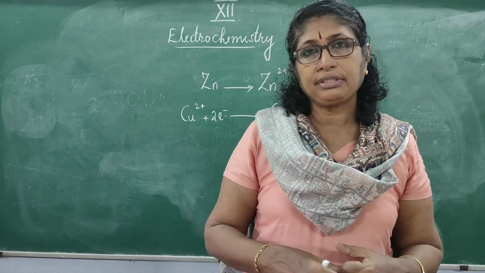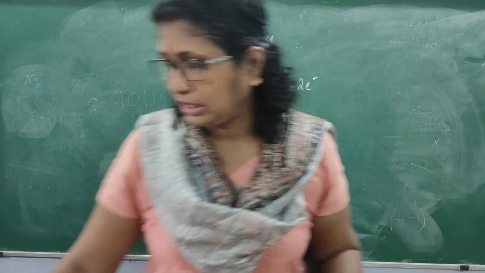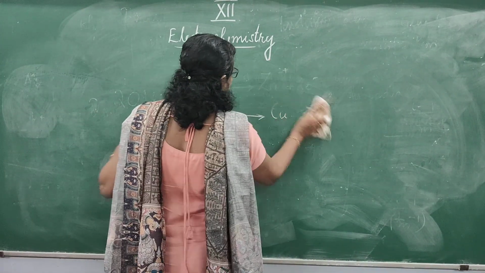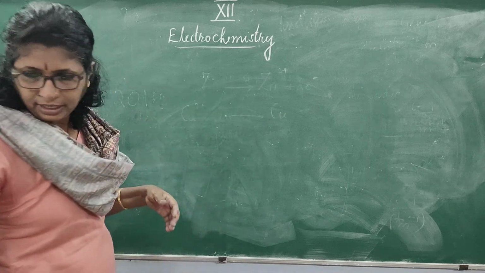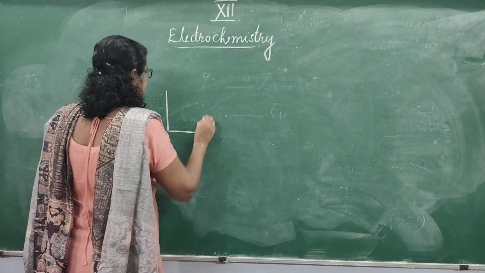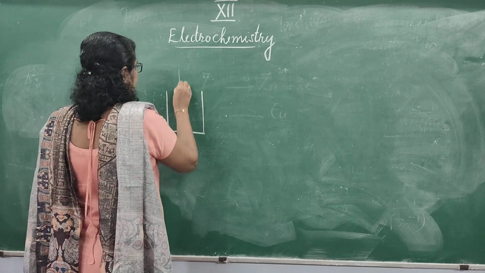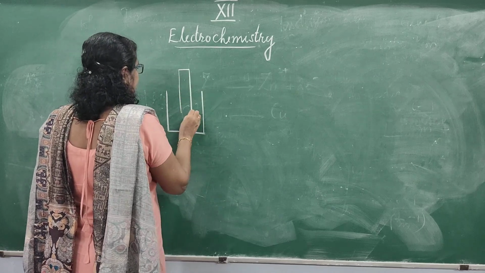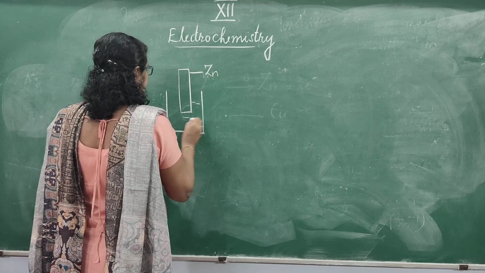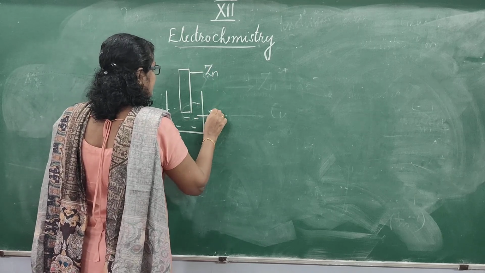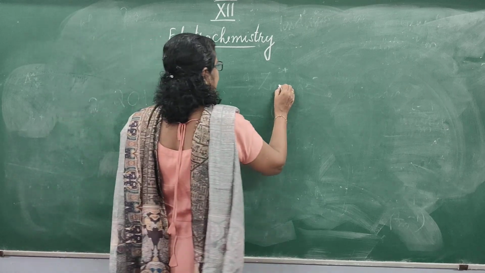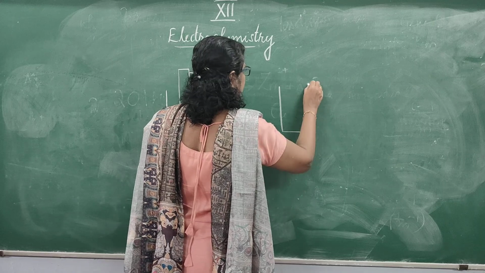Now we come to how we can use it in electrochemistry. Last year you studied that we can do these two reactions in separate units. Suppose you dip a zinc rod in zinc sulfate solution, and a copper rod is dipped in copper sulfate solution.